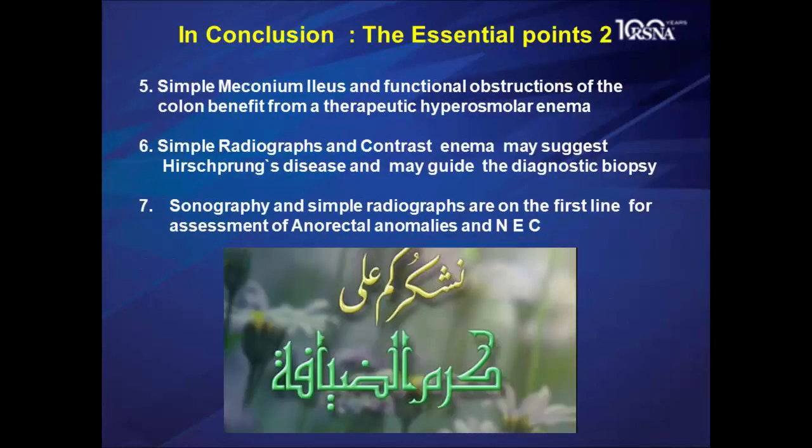Simple meconium ileus, we've seen that we may treat the patient, and we are actually asked to repeat enemas, therapeutic enemas, to unplug him. But be careful of the hyperosmolarity of the contrast and the risk for hyponatremia. Radiographs and contrast enema may suggest Hirschsprung, but it's always mimicking other entities.